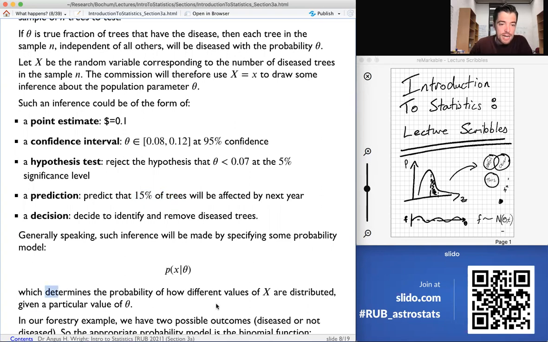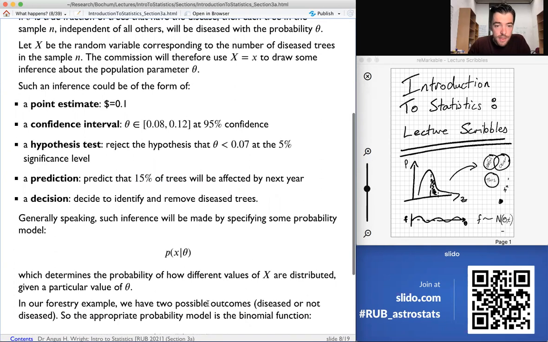We're basically asking the probability, or rather the distribution, of X given a single particular value of theta. This here is what we call a likelihood. This is a probability of observing a certain number of data, for example a certain number of diseased trees, given a true value of theta.